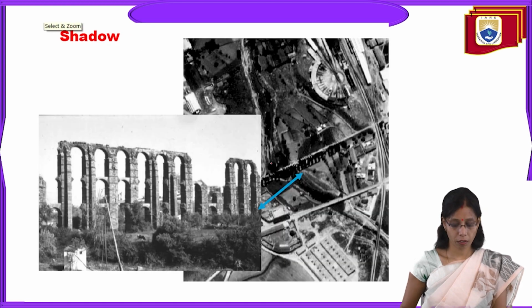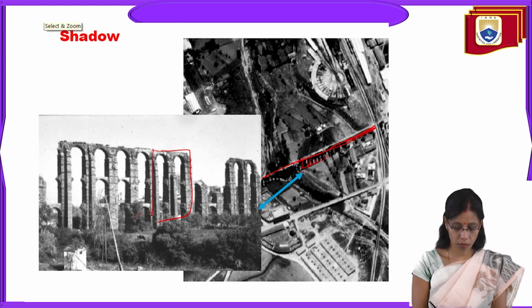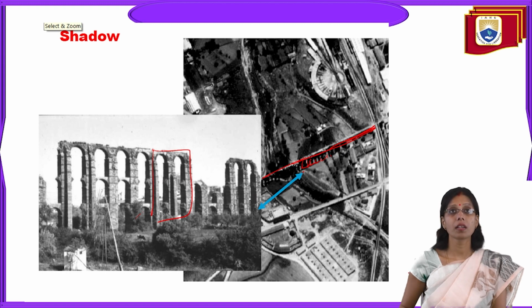Now shadow, you also see here. The same feature is shown in the image. These kinds of shadows you can see here. This is the actual object, the actual feature, and these are the shadows of this feature. So this is how we identify the shadow.